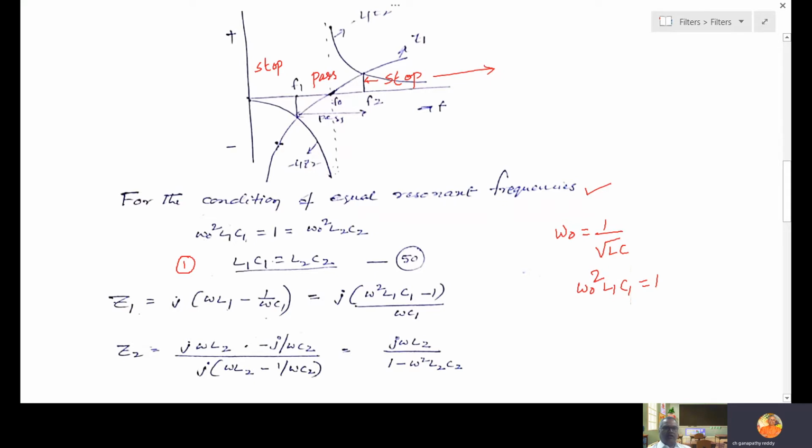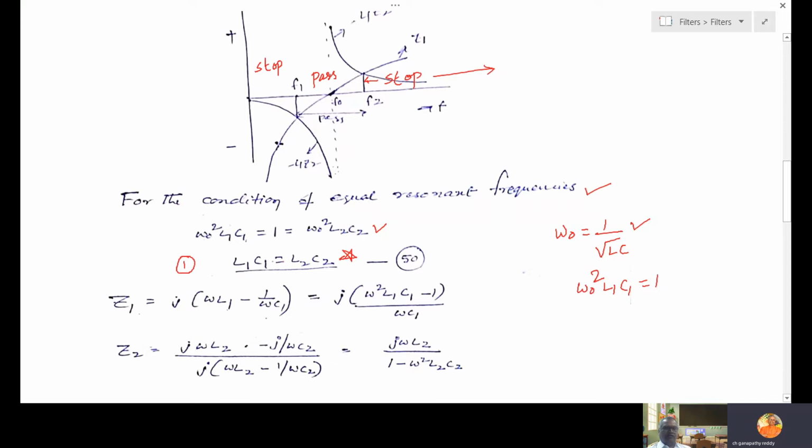The parallel contains L2 C2, and the parallel resonant frequency formula is also the same, so omega naught square L2 C2 equals 1. This is the condition we have to maintain, and omega naught square cancels. L1 C1 equal to L2 C2. So this is one important condition.